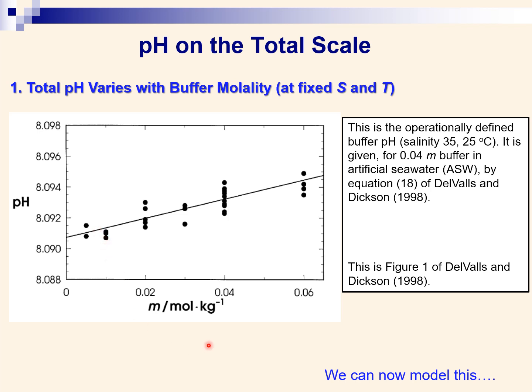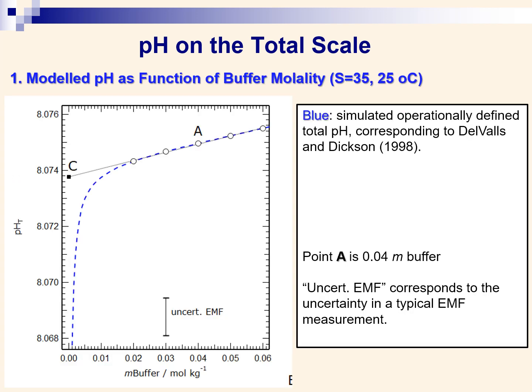And now moving on, here is the modelled operational total pH in blue, corresponding to the previous slide. As the buffer concentration tends towards zero, the pH heads down towards neutral, as one would expect.